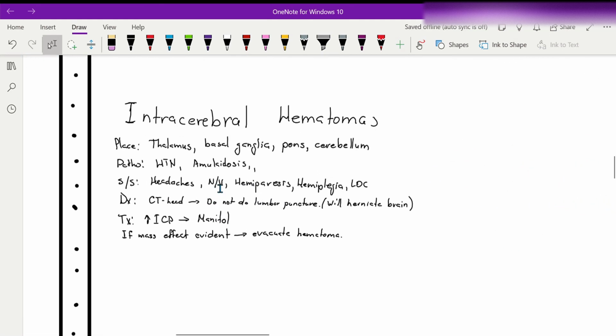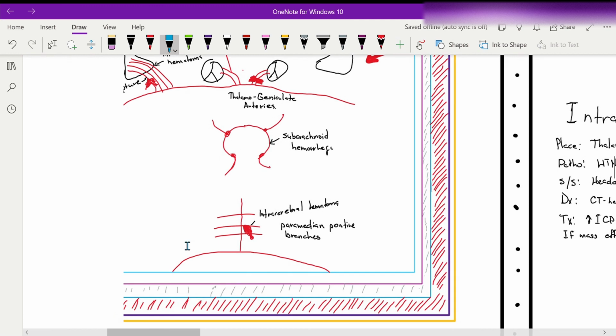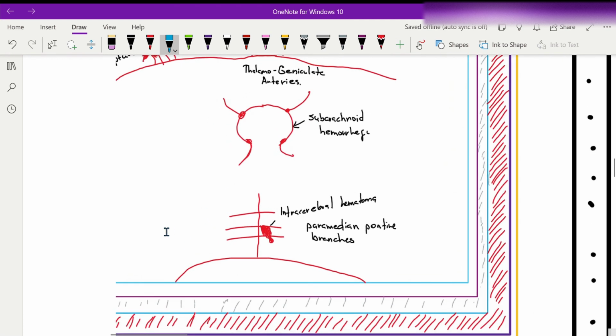So intracranial hematomas, well, that's what I think are caused by hypertension and old age. Those little blood vessels in the brain will rupture.